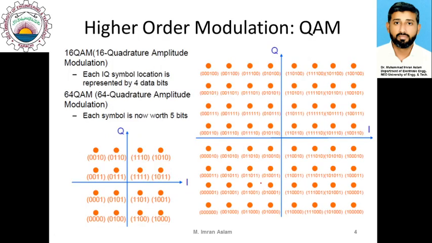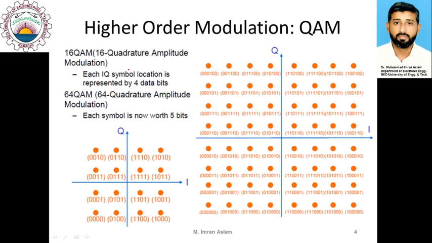Sometimes we use higher order modulation schemes as well, which are generally named QAM, which is the abbreviation for quadrature amplitude modulation. For quadrature amplitude modulation, we do not rely on the phase change only. In fact, we change the phase as well as the amplitude of the signals.